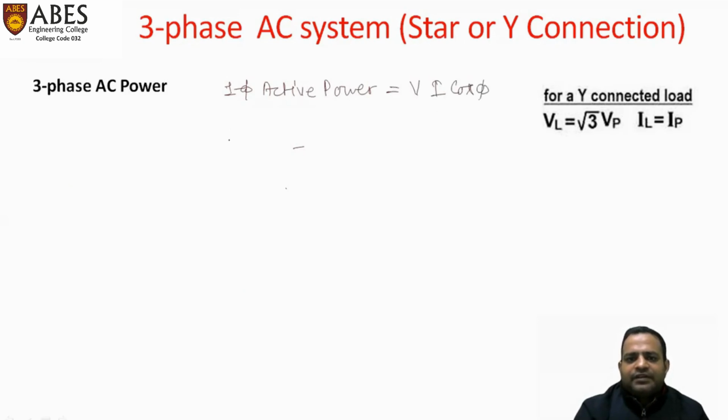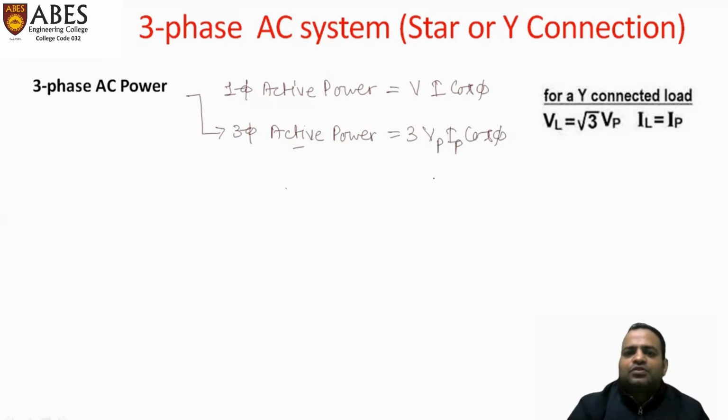If we have three phases, the active power is 3 times that of a single phase, the resultant power taken from all three phases: thrice of Vp Ip cos phi.